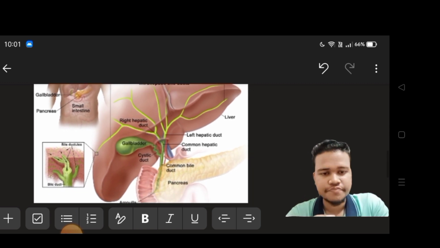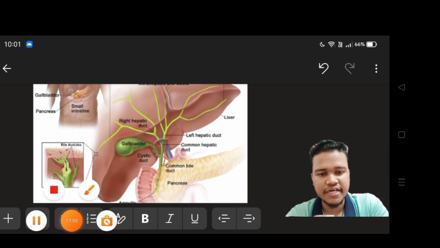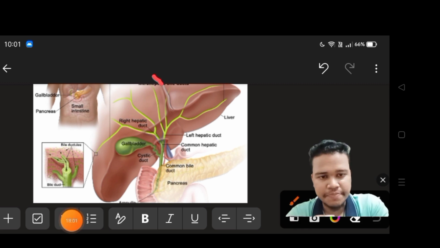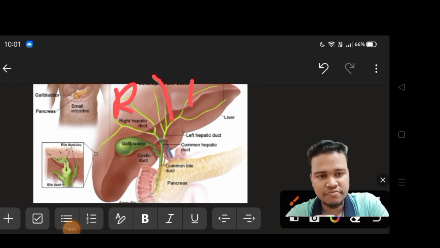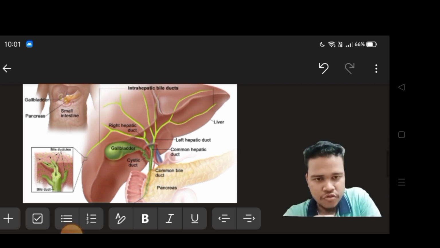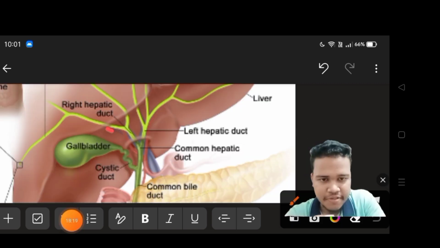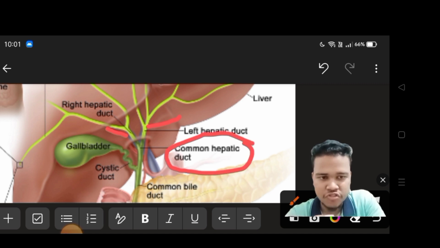Okay, so in this figure you can see this is the separation. This is our right lobe of the liver, this is our left lobe of the liver. This is the right hepatic duct and that is the left hepatic duct, originating respectively from the right lobe and left lobe of the liver. They unite to form the common hepatic duct, as I have mentioned earlier.